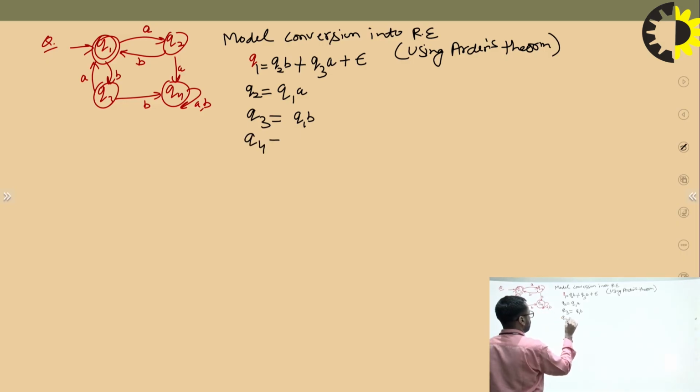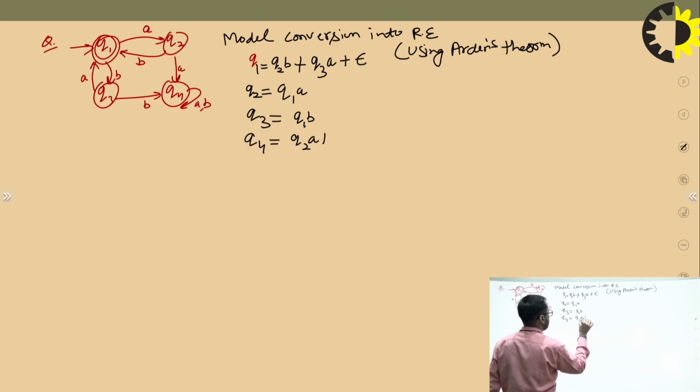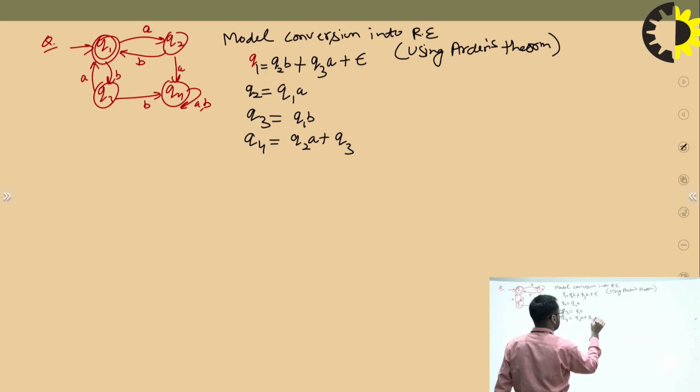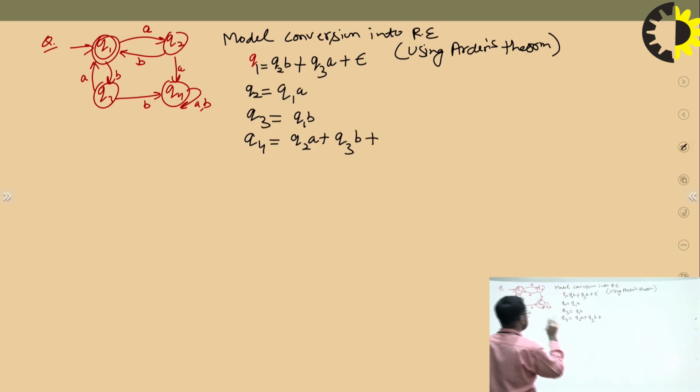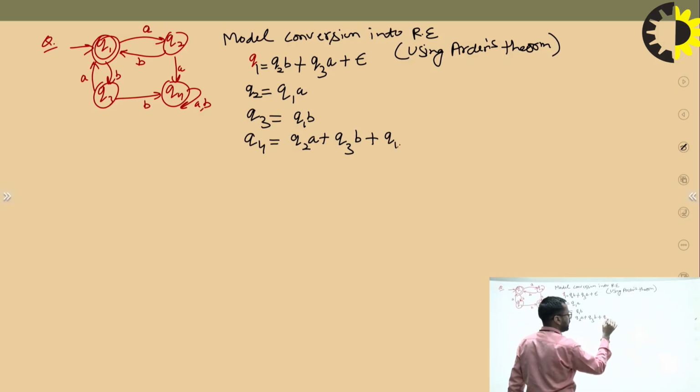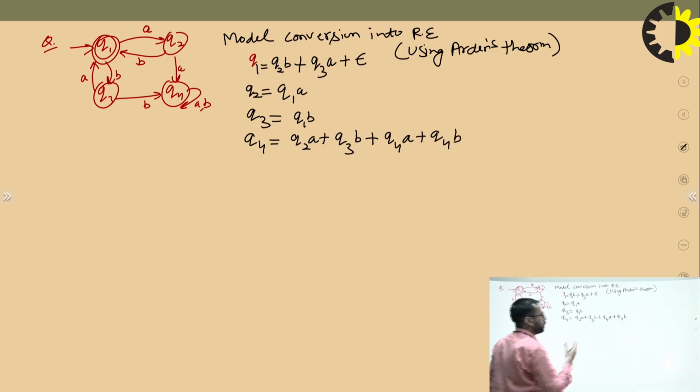We calculate Q4 from Q2 and Q3 using Q2A plus Q3B, and here a self loop is already mentioned. So we calculate Q4 using Q4A plus Q4B.